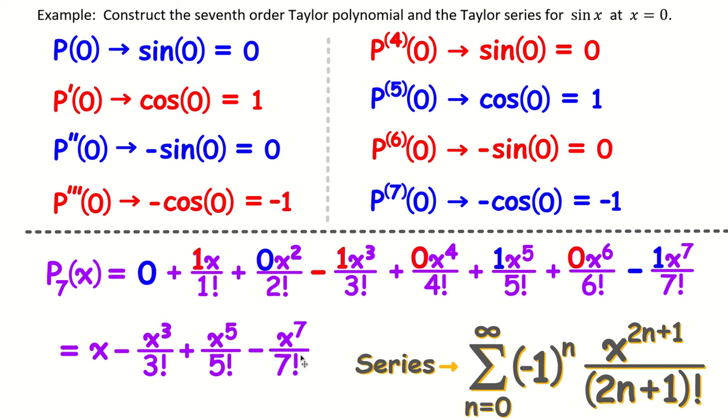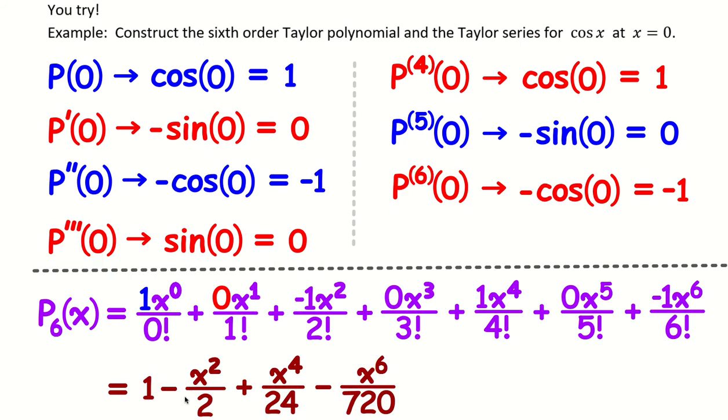Again, you could have written a more final answer here by doing the factorials, but it looks like I took this one a little more to a final answer. So this was 1 over 0 factorial, and this is 2 factorial, and this is 4 factorial, and this is 6 factorial.